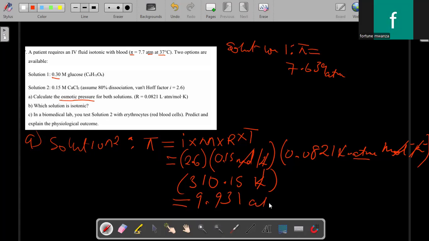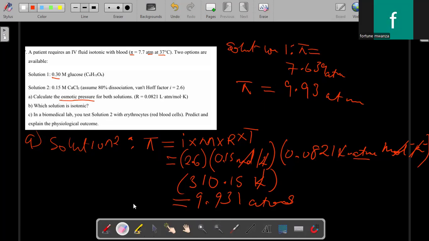So here I have my osmotic pressure for solution 2, which is 9.93 atmospheres, and for the first one it was 7.64 atmospheres.